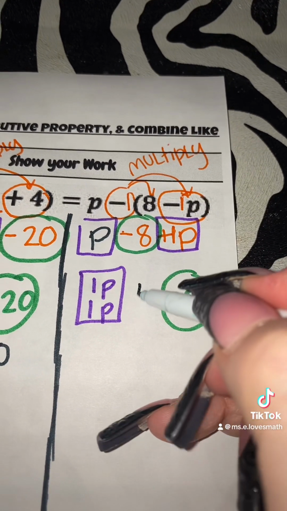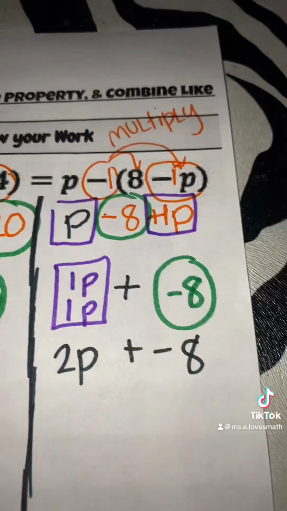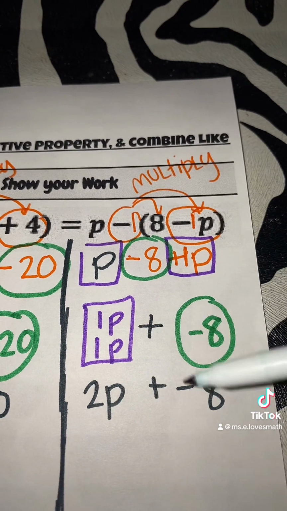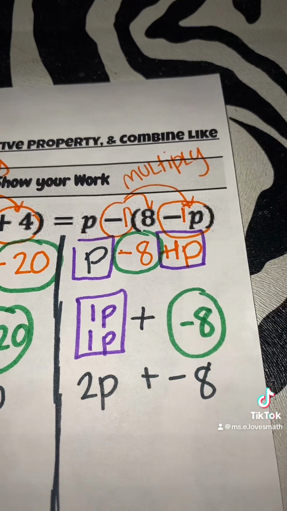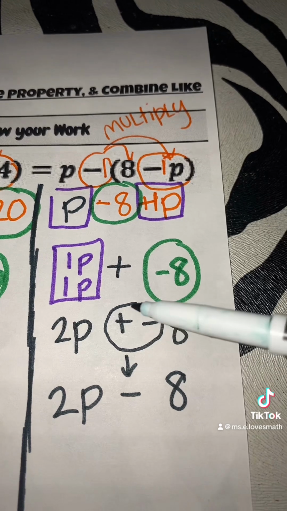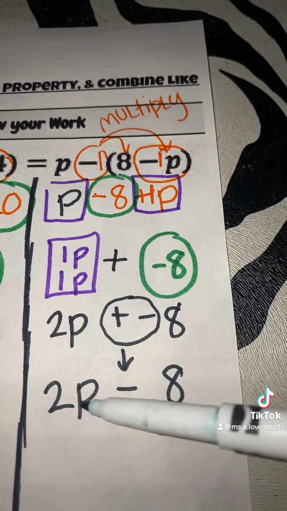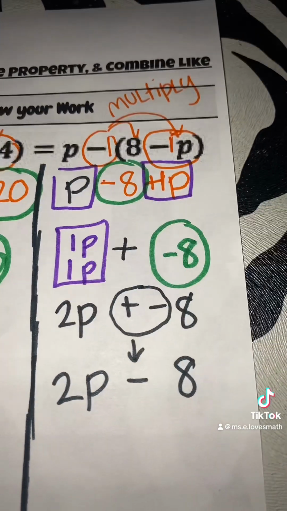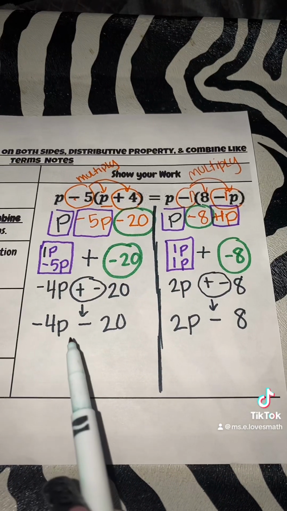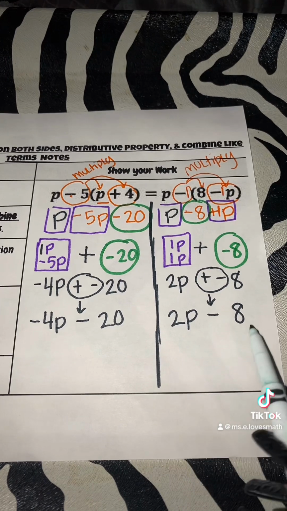Combine means to add, so we are going to add our terms together. 1p plus 1p is 2p. Bring down your plus, and we have a negative 8. Again, we do not want a double symbol, so adding a negative is the same thing as subtracting. So on this side, we have 2p minus 8. Looking at the entire equation, we now have negative 4p minus 20 equals 2p minus 8.